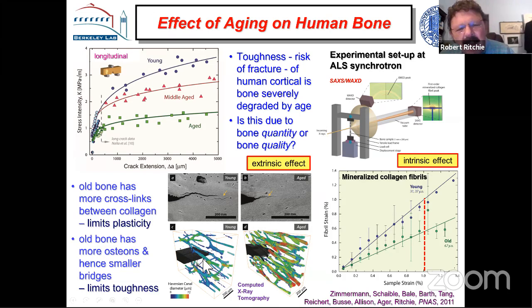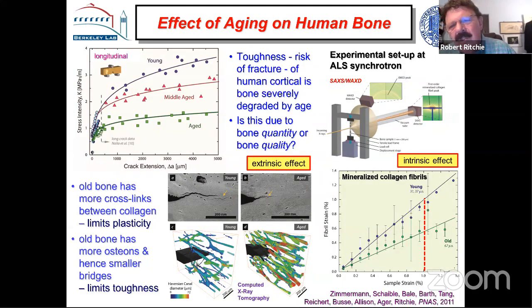And since these little microcracks form at the osteonal boundaries, when you have a higher density of osteons, the bridges become much less effective. They're much smaller. So they're still there, but they're very much smaller than they were in young bone. So we think one of the effects of the extrinsic toughness degradation with age is simply the limiting role of these bridging mechanisms, which are associated with these little uncracked ligaments.